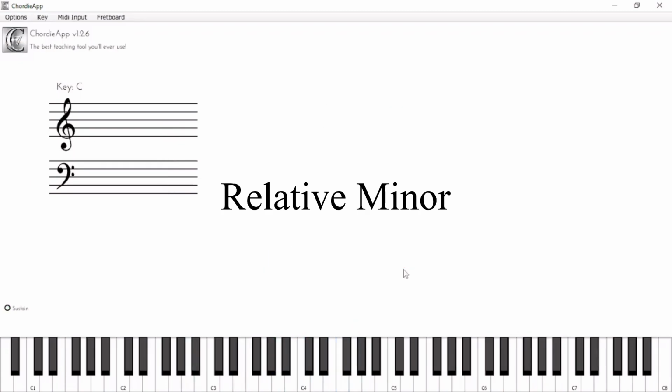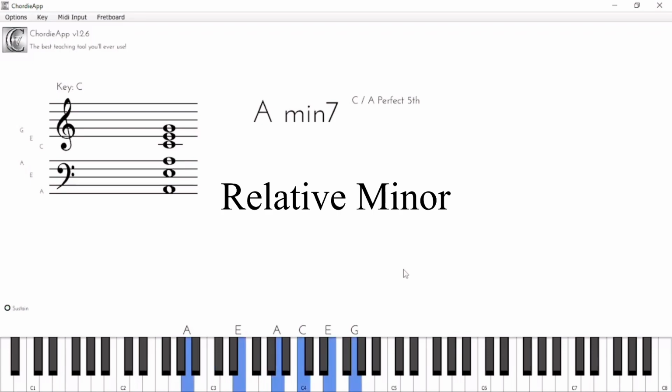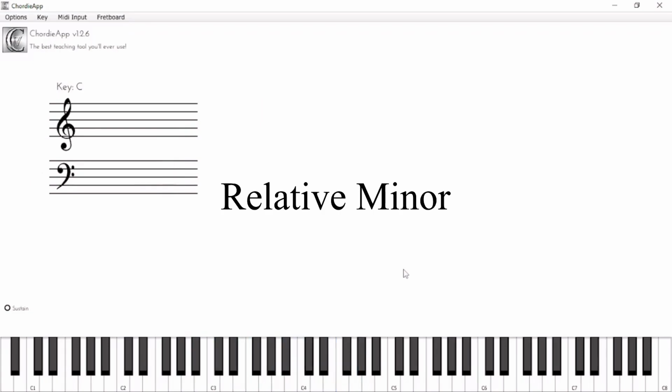The reason this is called a relative minor is because they share the same notes, and it's a darker side to it. So if I'm here, this is bright, and I go down, it's darker. You get a little more emotional. This one's just happy, a little brighter.